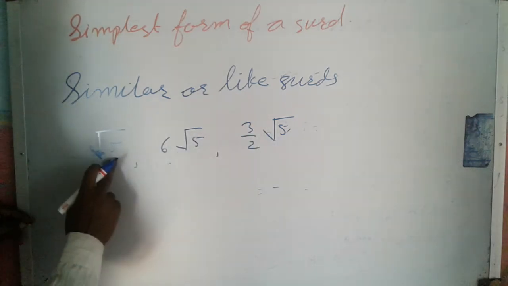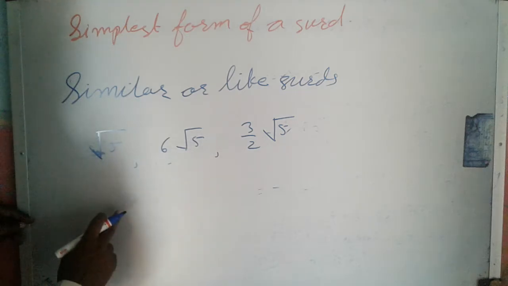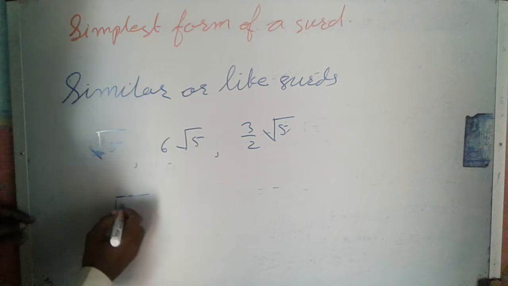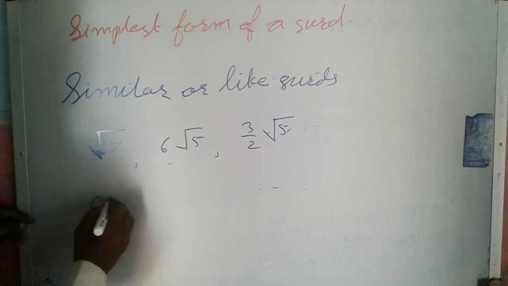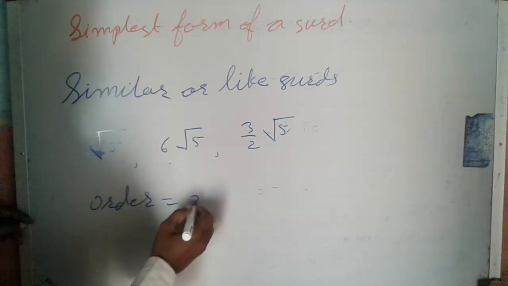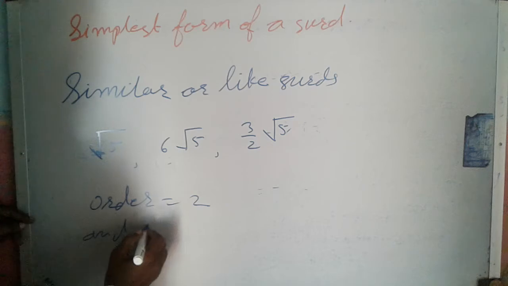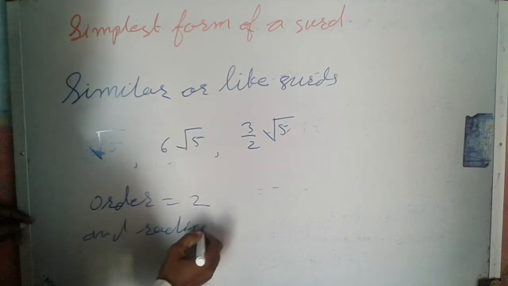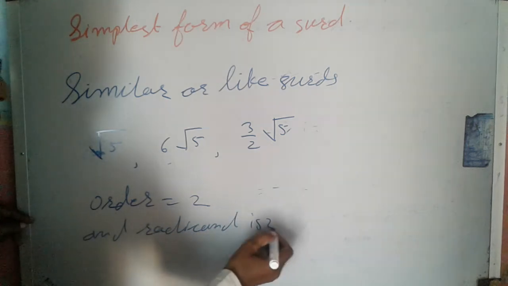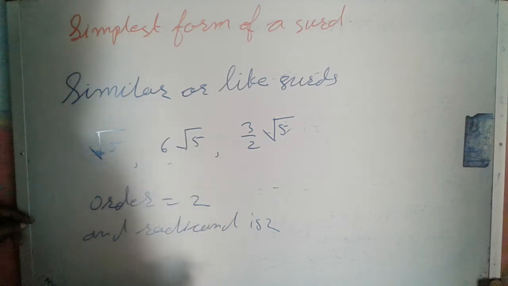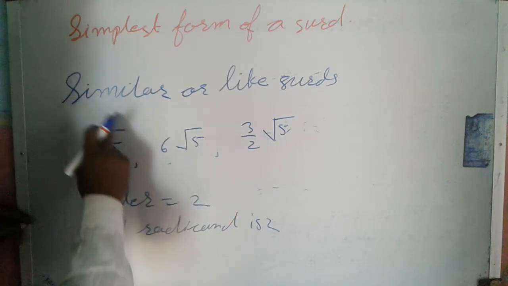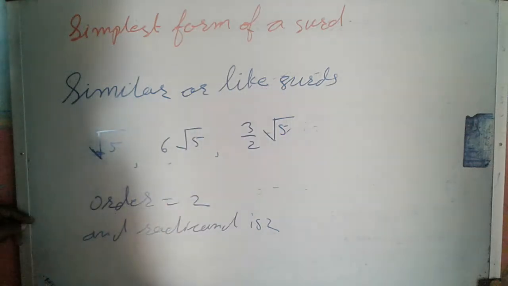And radicands are 5. Radicand means the number under this radical sign. 5, 5, 5. In each surd order is equal and radicands are also equal. So such surds are called similar surds or like surds.